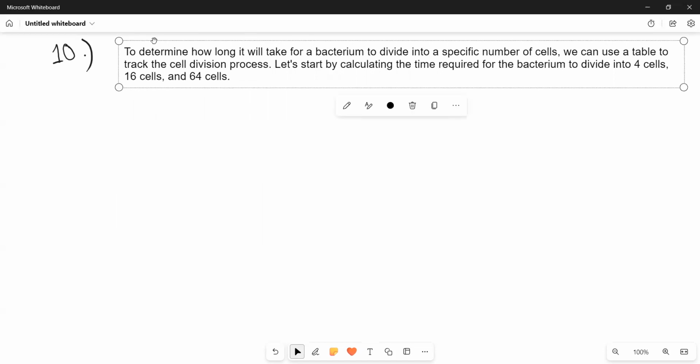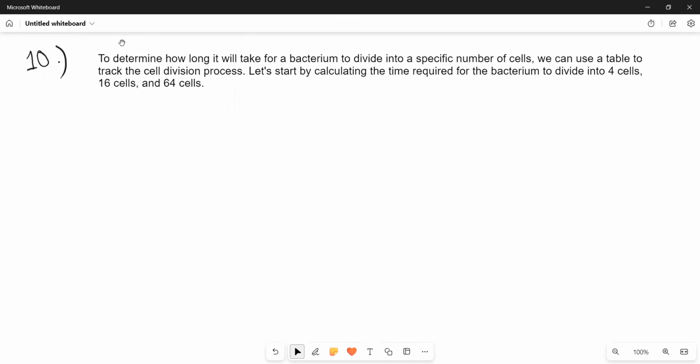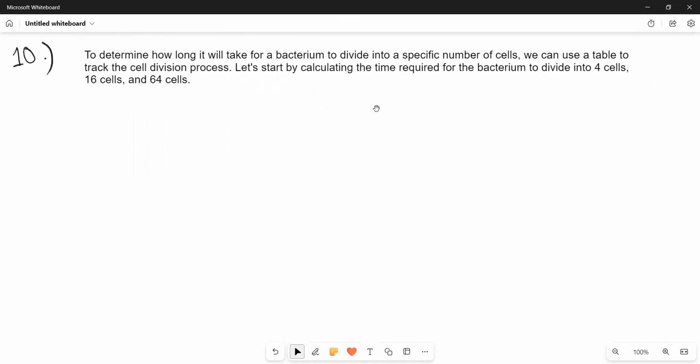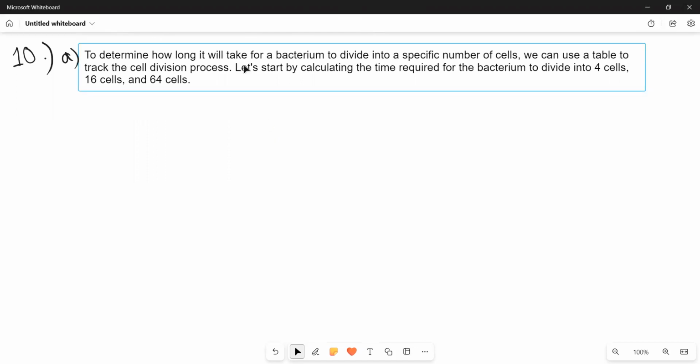Question number 10, A. Okay, its solution. So I am writing it as: to determine how long it will take for a bacterium to divide into a specific number of cells, we can use a table to track the cell division process.